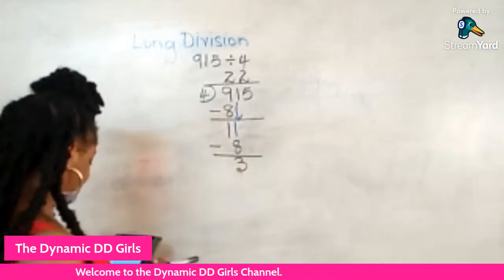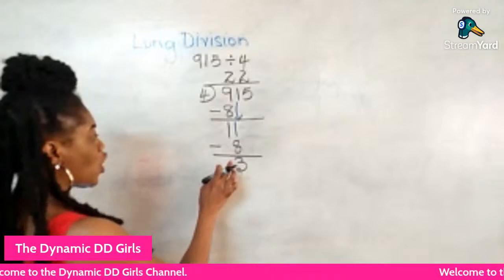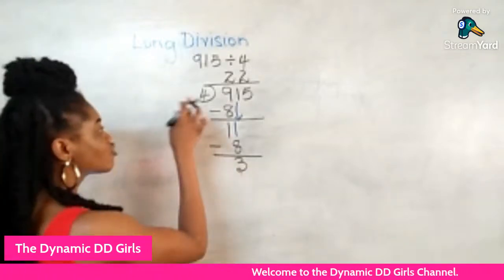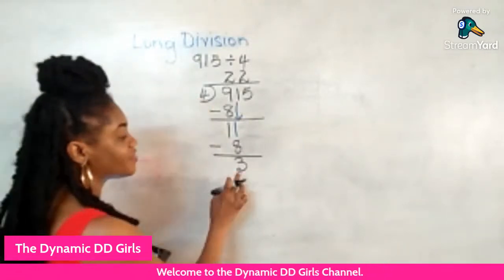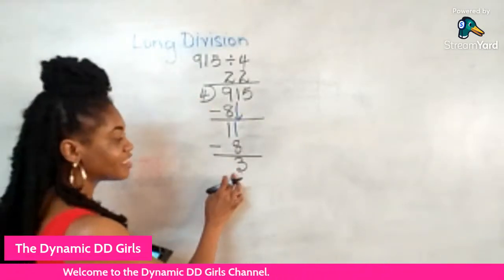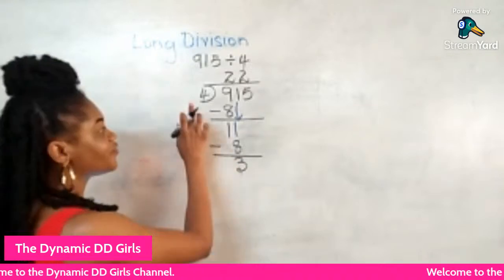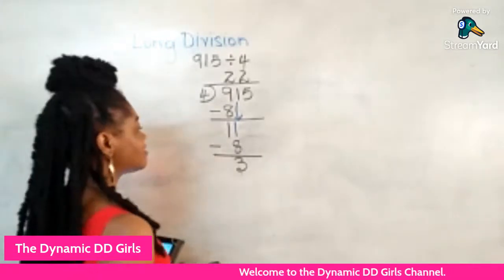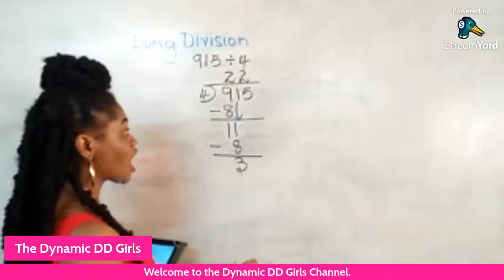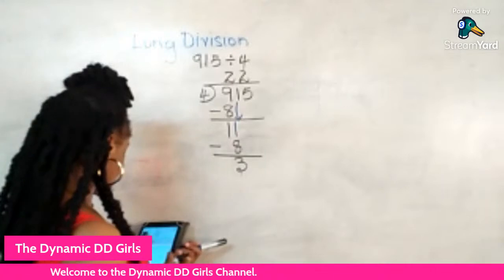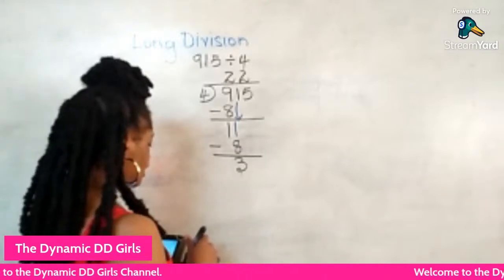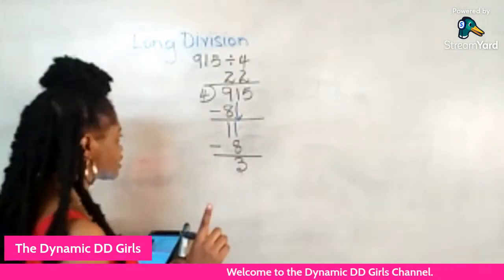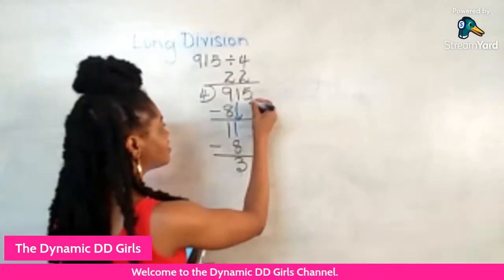Now I'm going to say, how many groups of 4s can I get from this 3? Of course, 3 is smaller than 4. We can't get a group of 4. So the next thing we are going to do is look to see if there is a next digit in line, and we carry down this digit.